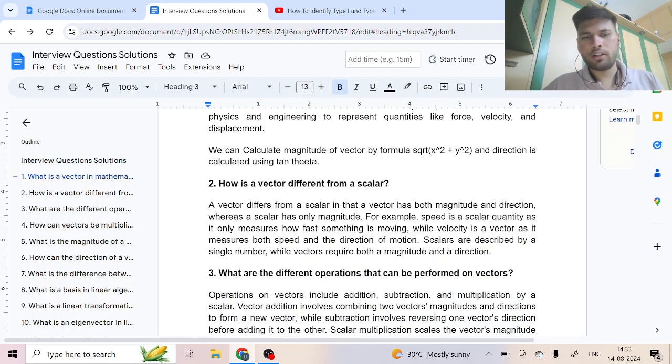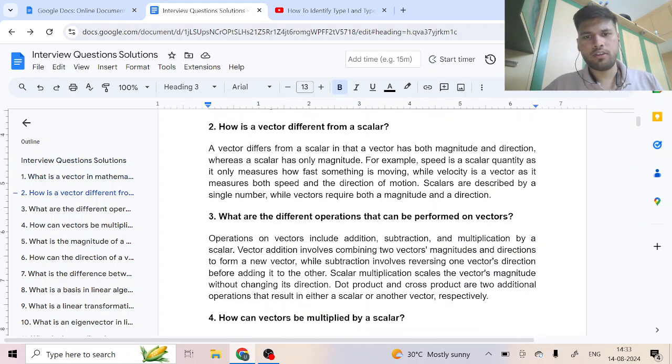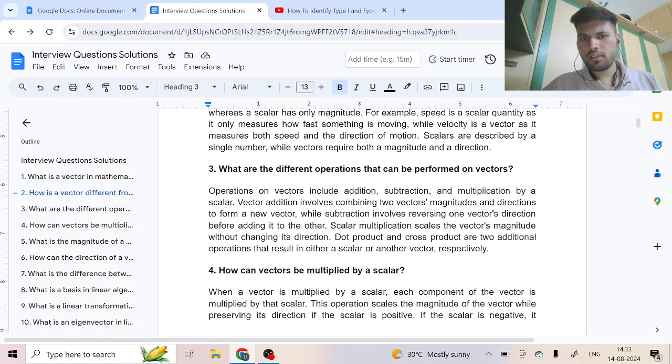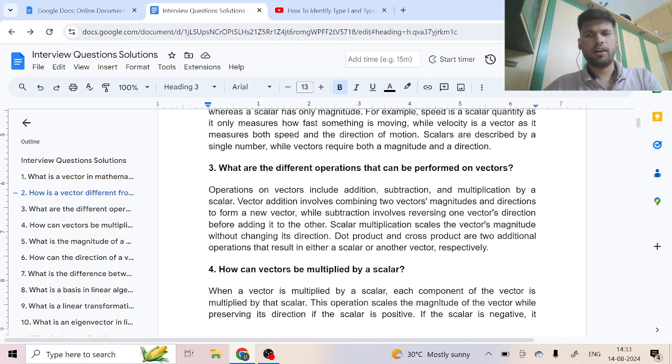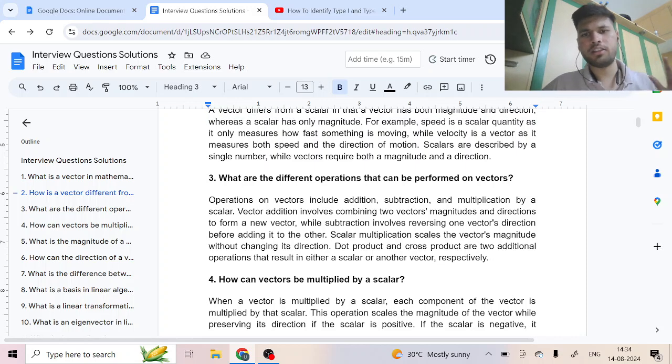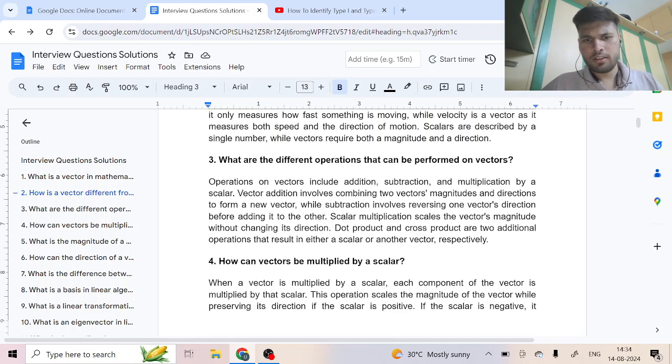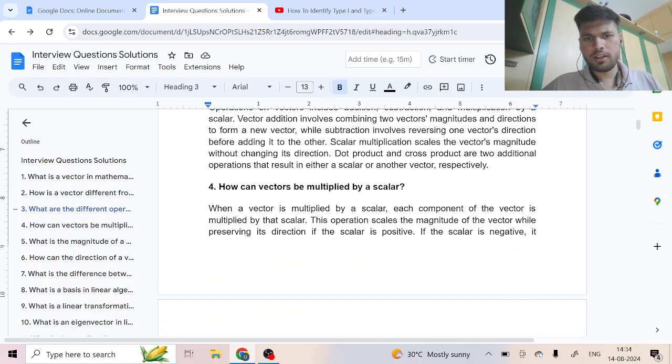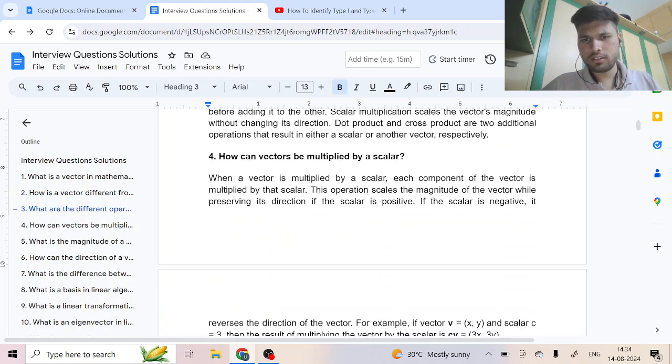I've already told how a vector is different from a scalar. Now there are different operations we can use on vectors, like addition, subtraction, multiplication, division, just like we do with scalars. Now, how can vectors be multiplied by a scalar? There is nothing difficult in this.